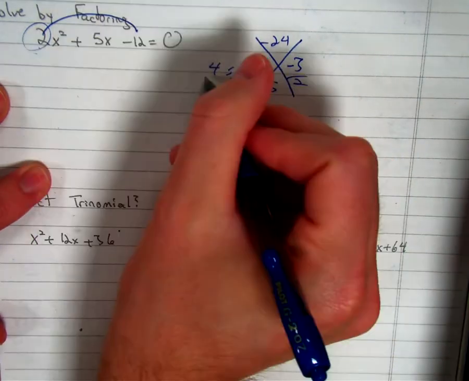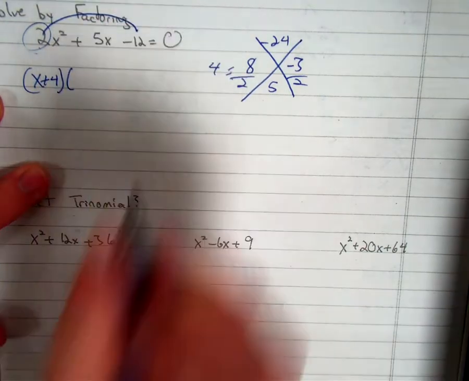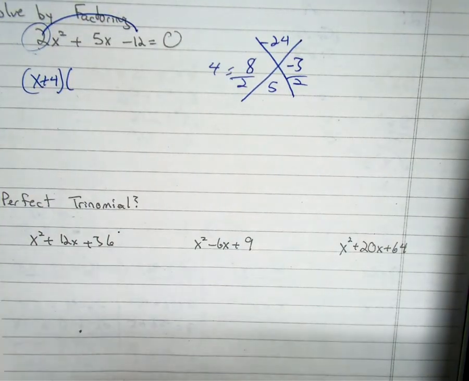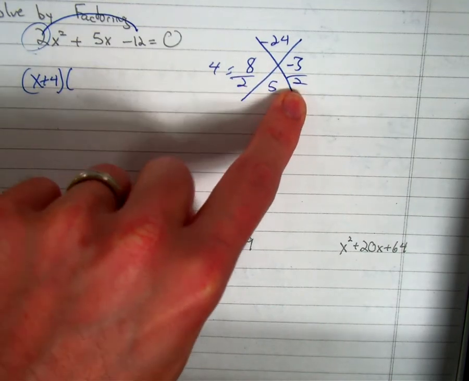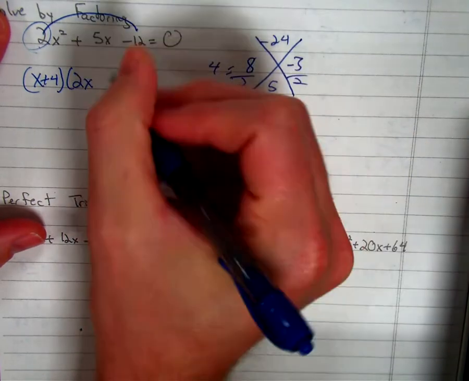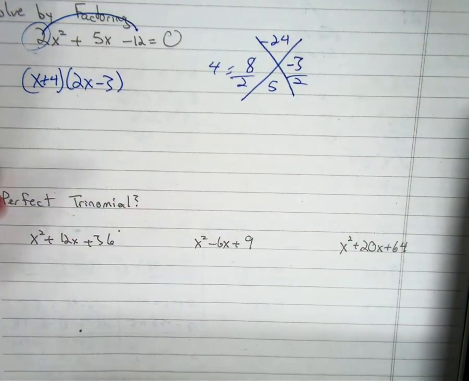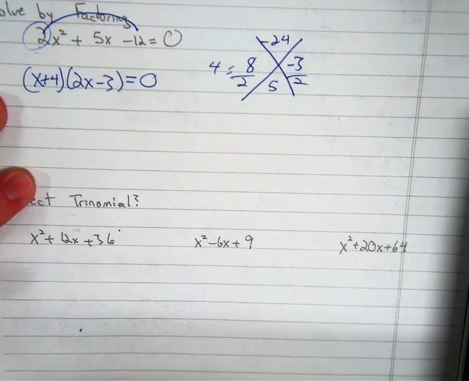Okay, so the one that does work out, positive 4, we have x plus 4. And in our other parentheses, okay, this is as far as I can reduce this fraction. So now you take the bottom, the denominator slides up in front, 2x, and then we have a negative 3. So those are our factors.